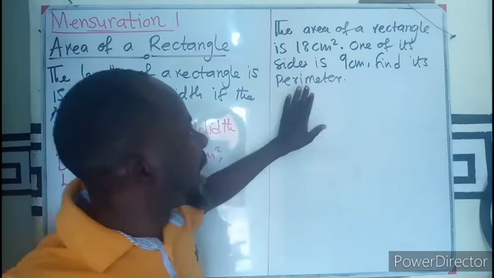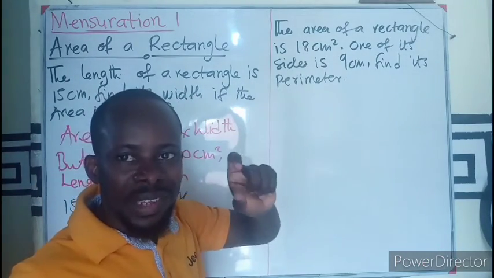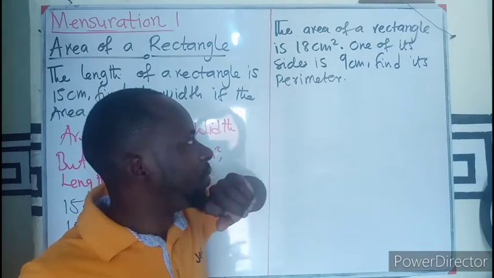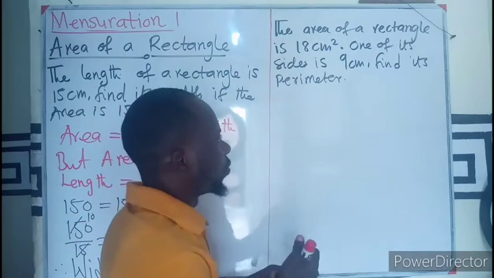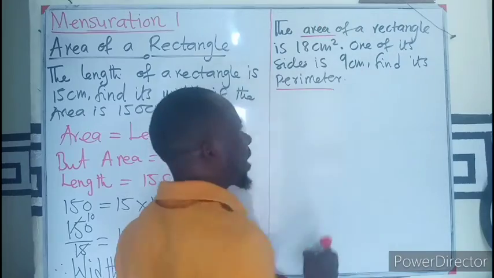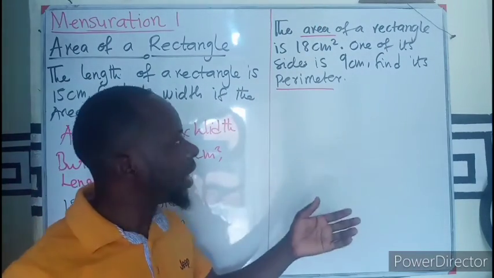Great. Then the area of a rectangle is given as 18 centimeters square. One of its sides is 9 centimeters. So we have to find the perimeter. These are the two terms that need explanation: area and what?